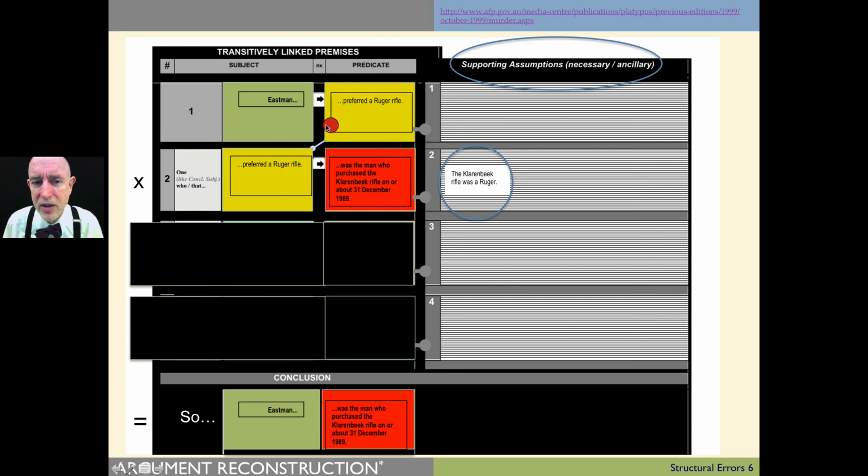But what we've done here is structure the original argument, keeping the same meaning, into a format in which the logic of it is clearly evident here.